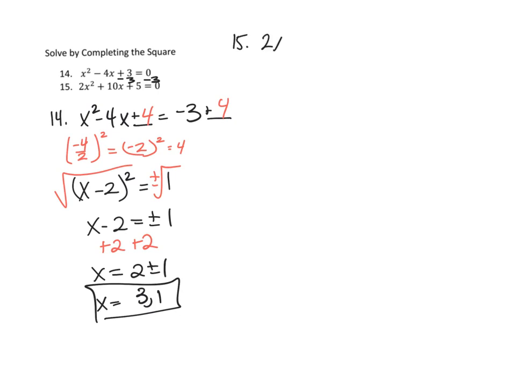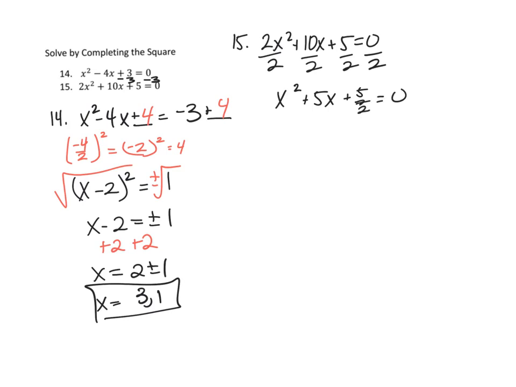So number 15 is 2x squared plus 10x plus 5 equals 0. We have to get the coefficient equal to 1, so we have to divide everything by 2. So x squared plus 5x plus 5 halves equals 0. And we're going to move the constant to the other side. -5 halves plus something.